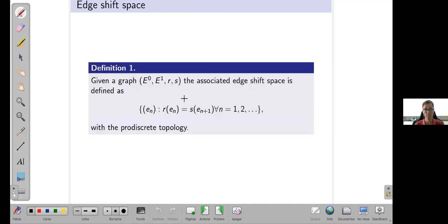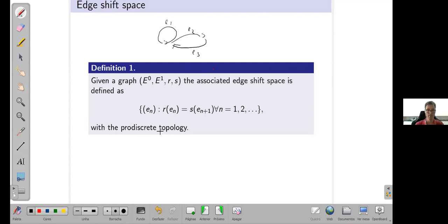So, I just wrote there the definition of the edge shift. Given any graph that you like, for example this one, the shift space is just the set of all infinite sequences of edges, but they're actually paths, not just any sequence. And they have the product discrete topology, right?